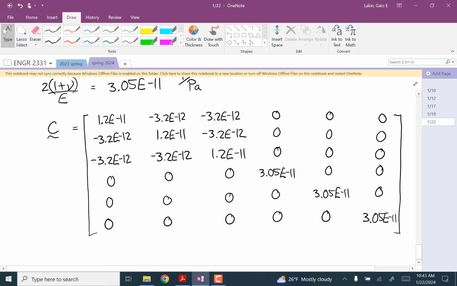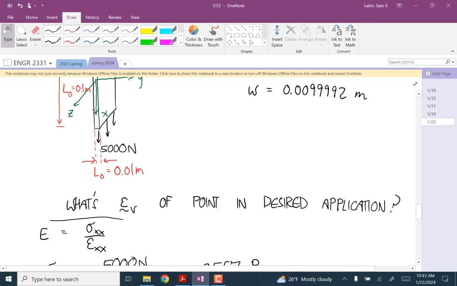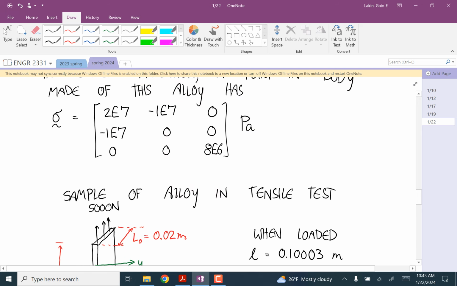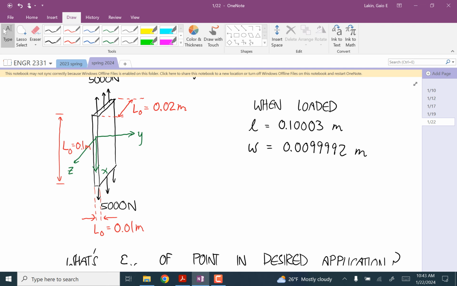And now that you know the compliance matrix that represents that material, we're not talking about this very carefully controlled little sample anymore. We're talking about any crazy shape made out of this material you want.